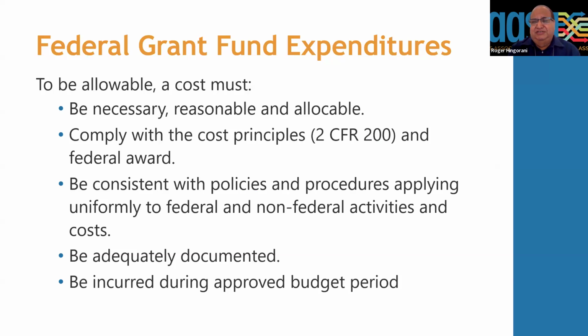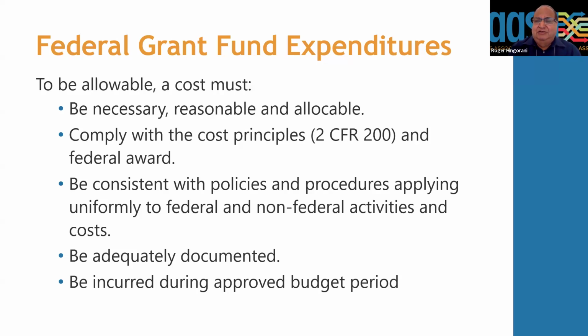So a lot of the funds that come are on top of the regular grants that folks receive. So they are really interested in knowing, how did you allocate that cost specifically to reach the objectives of the federal grants? So that's why allocability is extremely important when it comes to spending the federal funds.